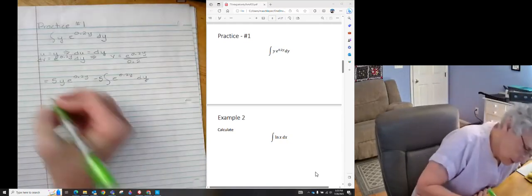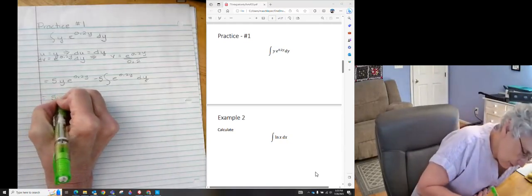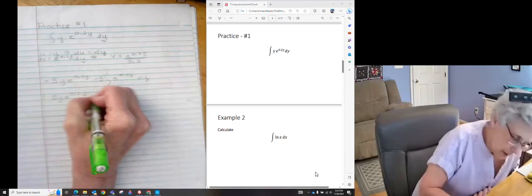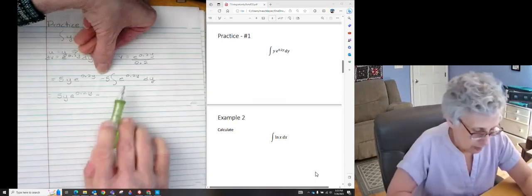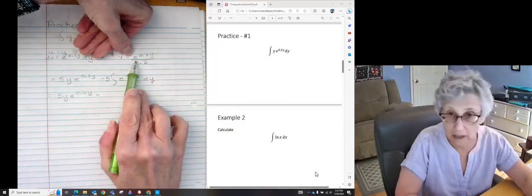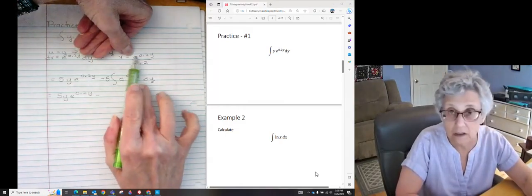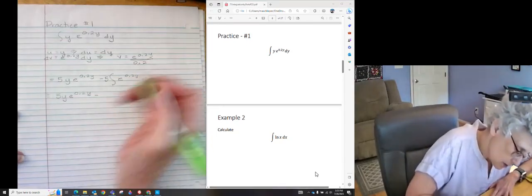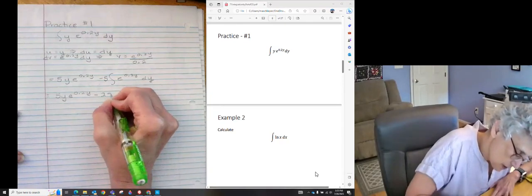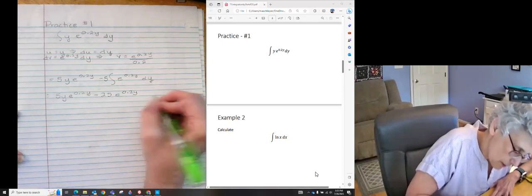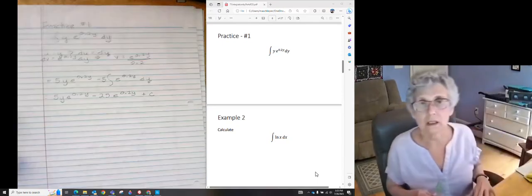Easy enough. So I have 5y e to the 0.2y minus. This integral is going to be the same as my v, e to the 0.2y over 0.2. And just 5 times 5 is 25 e to the 0.2y plus a constant.